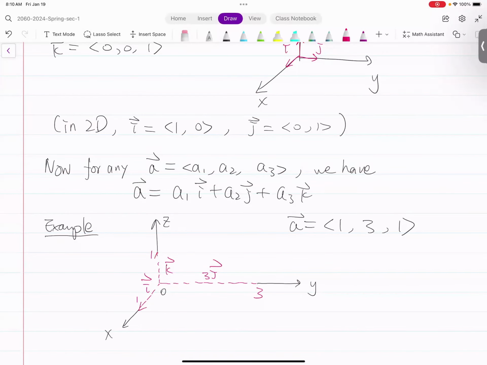I want to draw the arrows for the vectors. Now, i plus 3j is the vector in the xy plane. Let me draw that rectangle. It follows the parallelogram rule, so that's the diagonal vector right here. So this is i plus 3j.